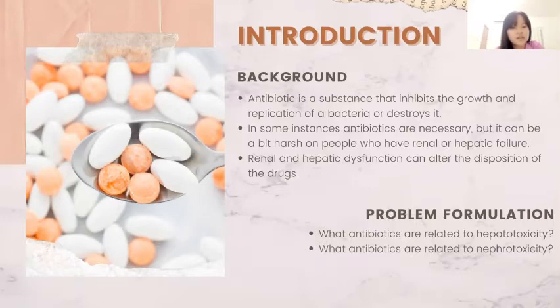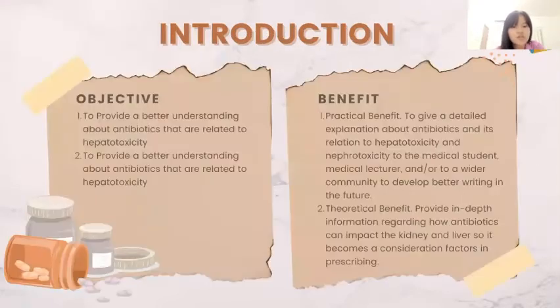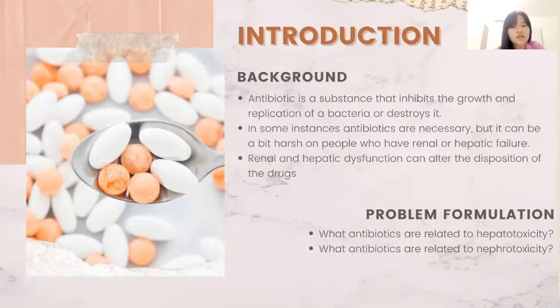Their dysfunction can alter the disposition of drugs. It affects the absorption, plasma protein binding and distribution, and also the elimination of drugs, which can lead to prolonged elimination of drugs that can cause toxicity. And our problem formulation is what antibiotics are related to hepatotoxicity and nephrotoxicity.